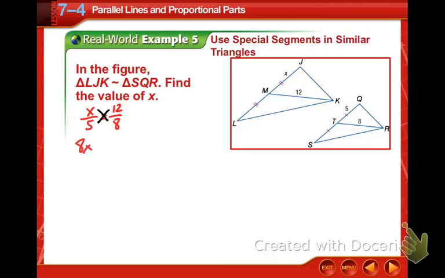And 12 times 5 is 60. And we divide by 5. So x is equal to 60 over 8. 8 does not go into that evenly. It does go in 7 times. We're left with 4. And 4 is half of 8, so 7.5.